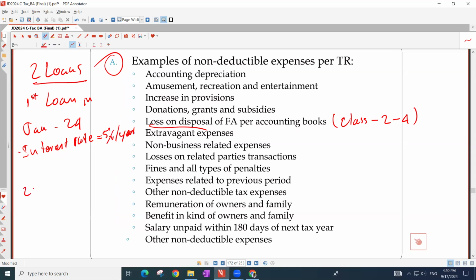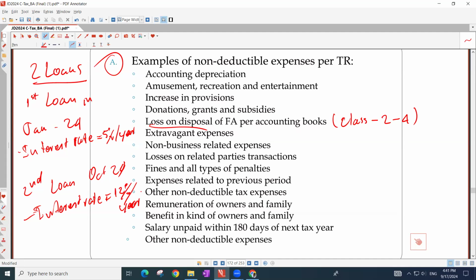They will conclude a second loan in October this year, but the interest rate is 12% per year. The same terms, from the same lender, increased from 5% to 12%.